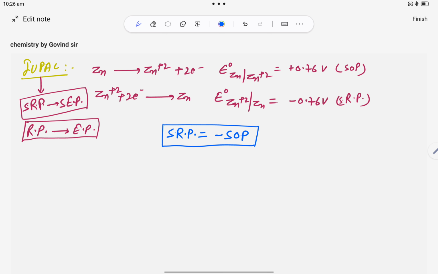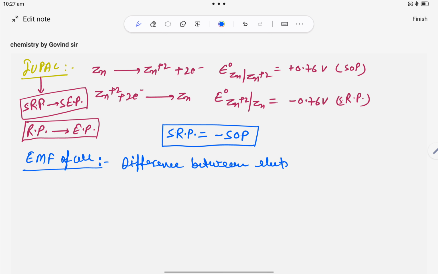Now, what is EMF of cell? EMF is the difference between electrodes of cell.